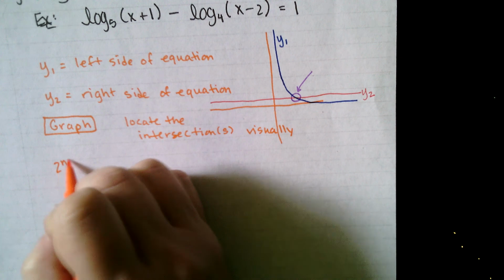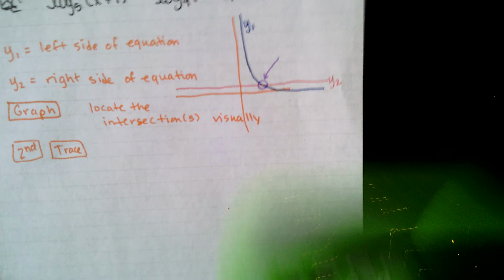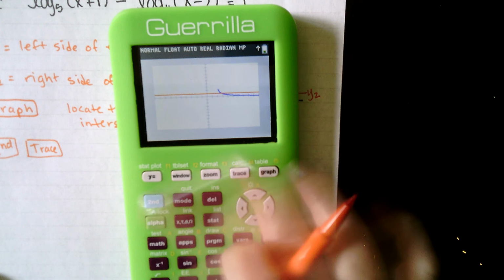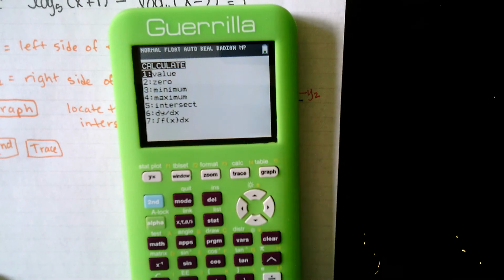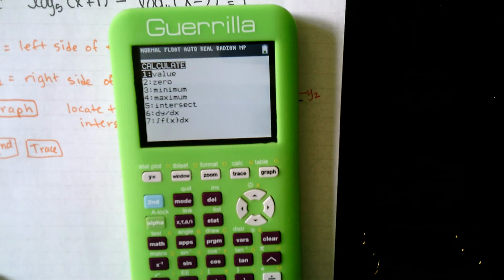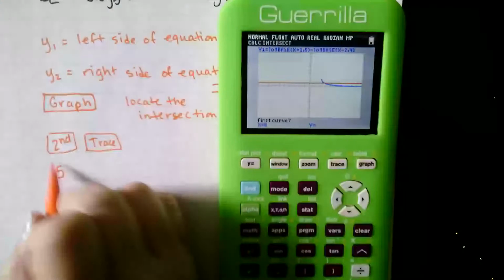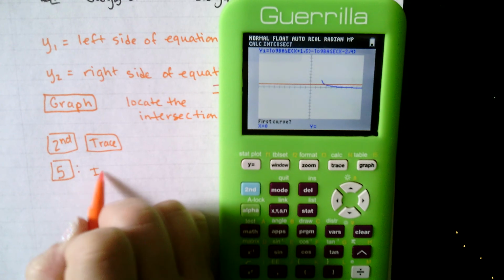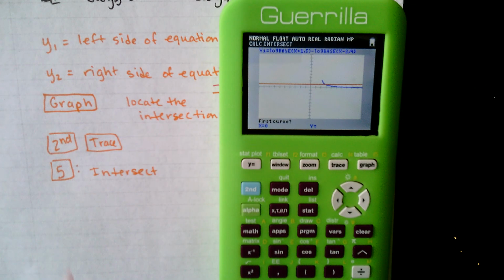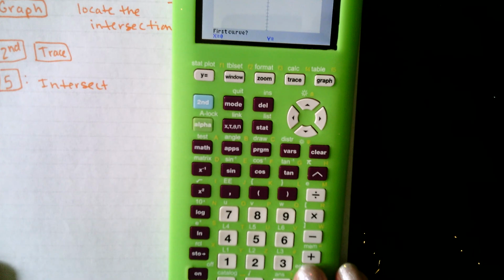Then we're going to do second trace, which gives me the calculate menu. I am looking for the intersection, so I want number 5, intersect. And then I'm just going to hit enter 3 times: enter, enter, enter.